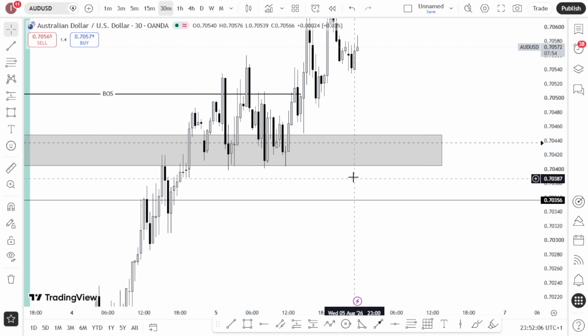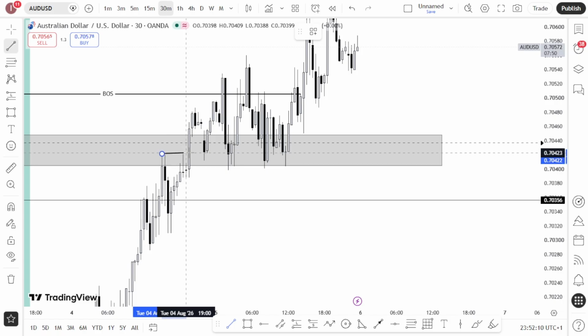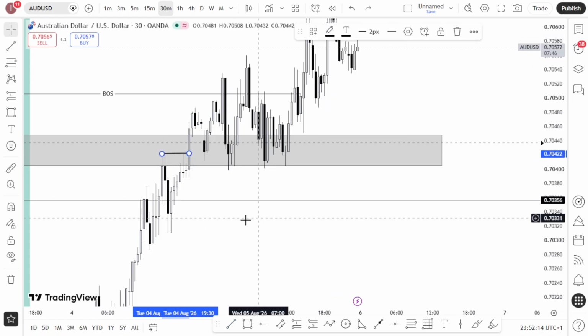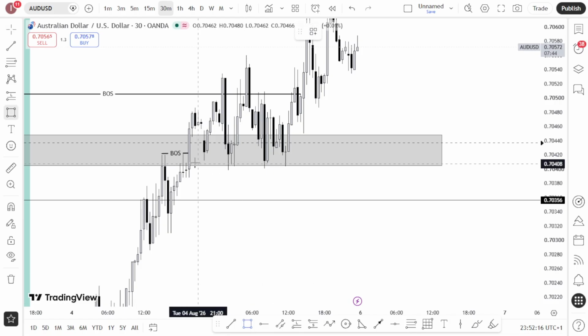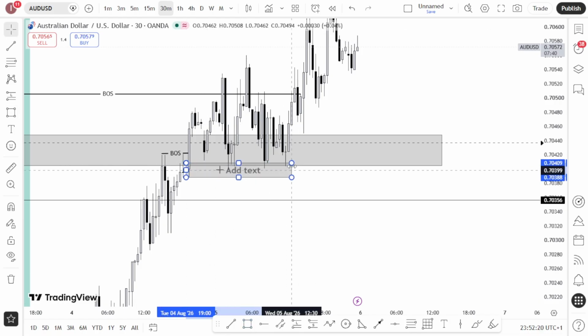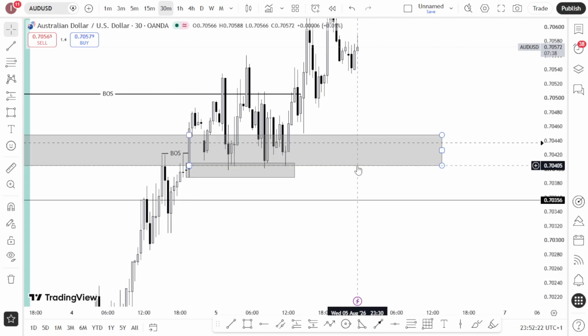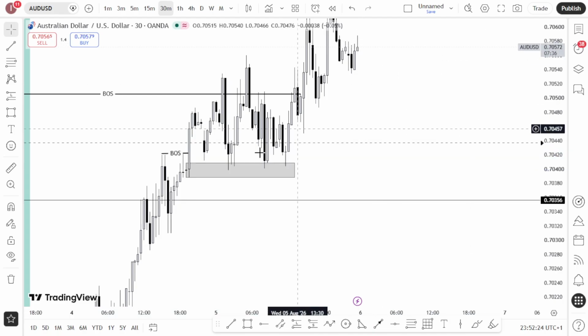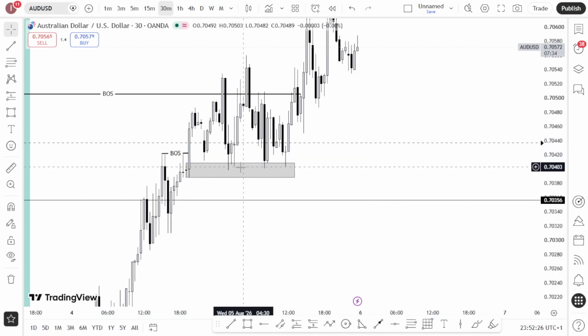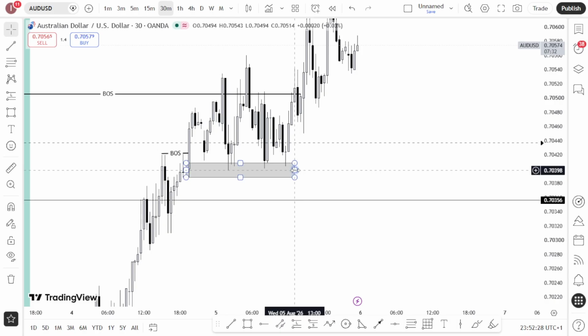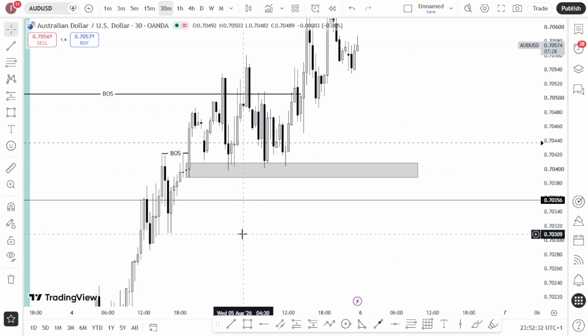Number 2, look at this breakup structure here, internal breakup structure, and look at this tiny order block here. If I remove this one, you notice that this tiny order block has been giving price trouble, pushing down.